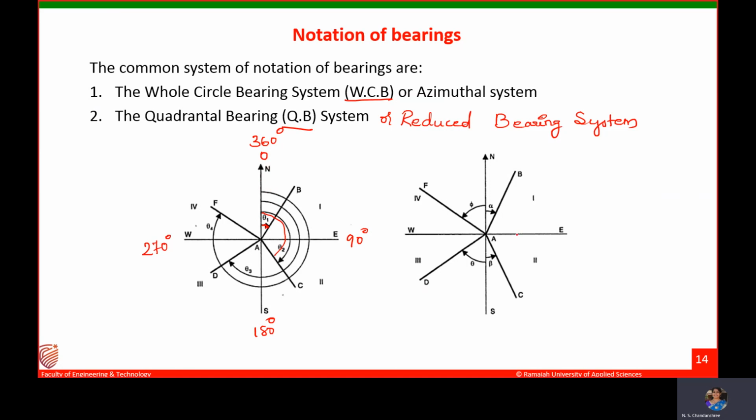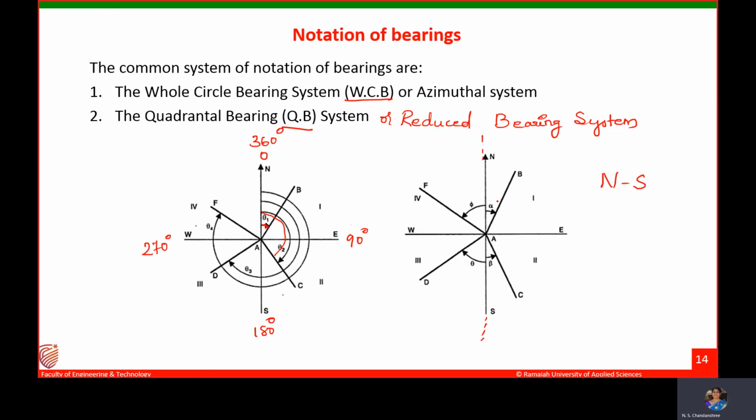Next, coming back to the quadrantal bearing system, here you can see it is divided into 4 quadrants, and in each quadrant the reading is measured from a principal axis. Principal axis or reference axis is the north-south axis.